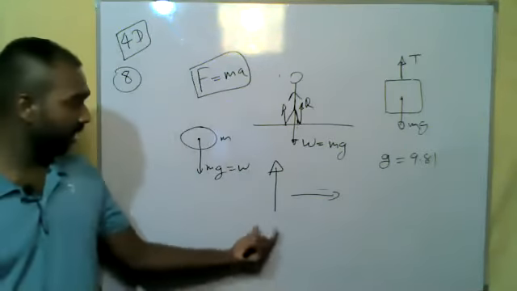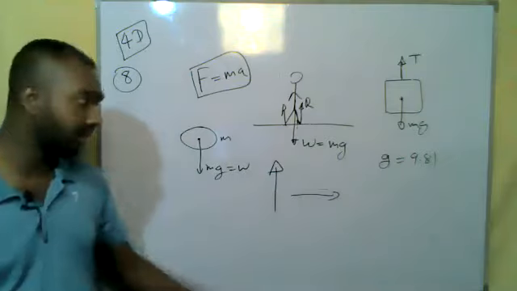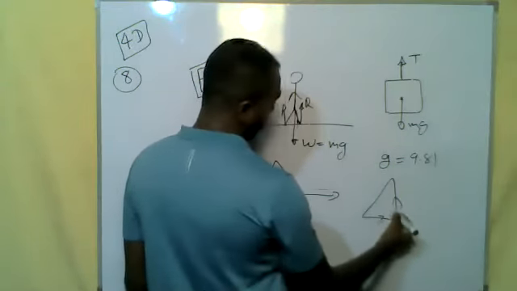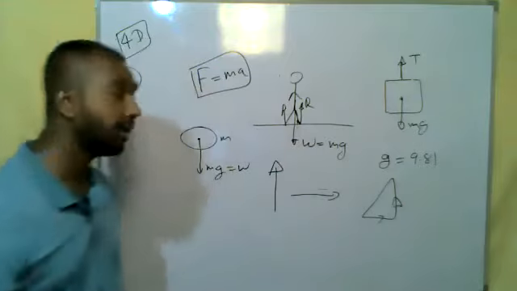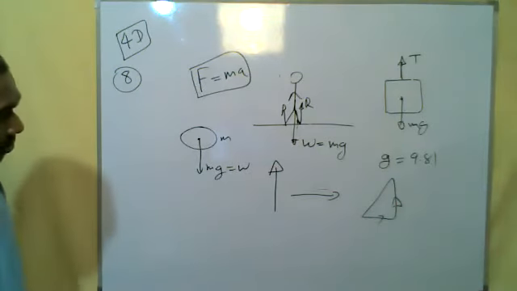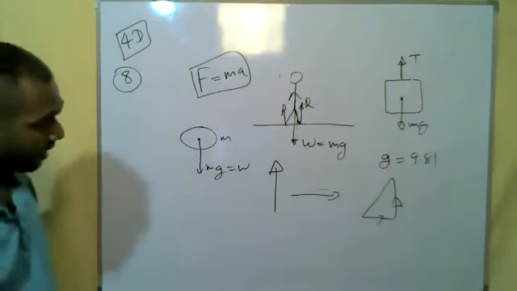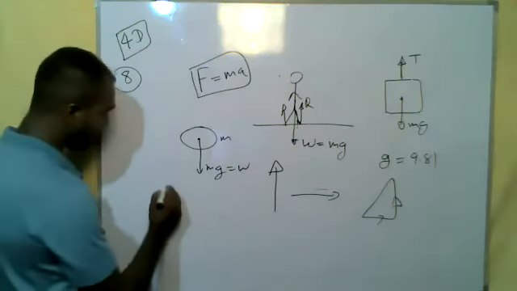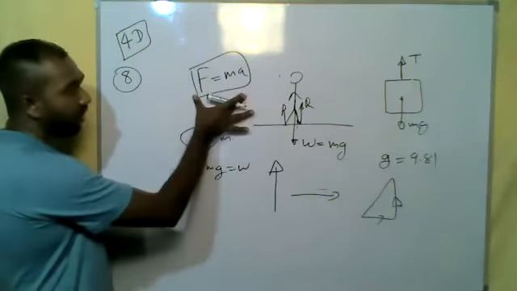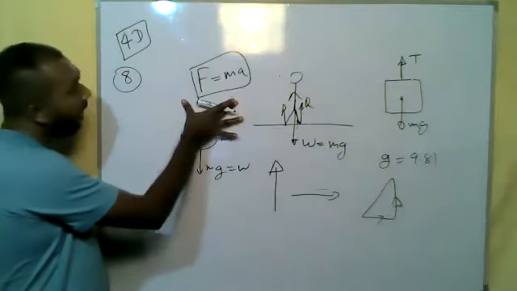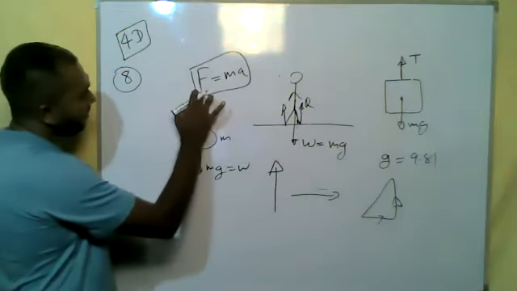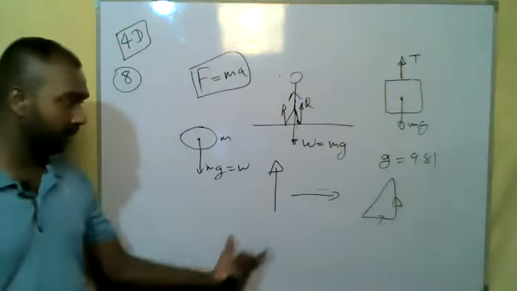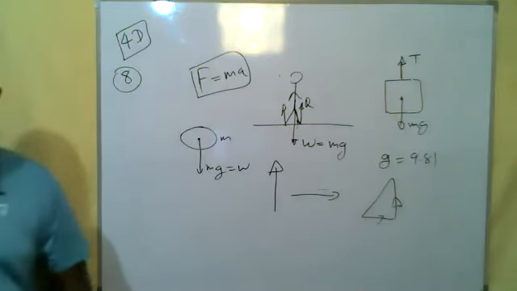After resolving, we learned how to get the resultant by using the Pythagoras theorem when the forces are given in i j notation. And yesterday we did how to connect this equation F equals ma in vector notation. So we are going to continue that exercise and move on to the Newton's third law situation.